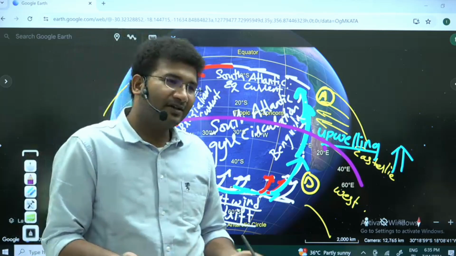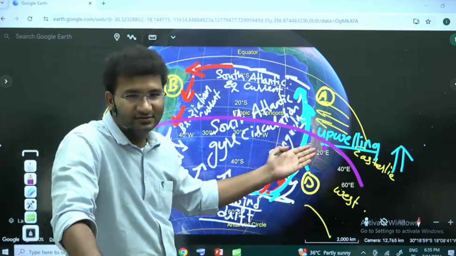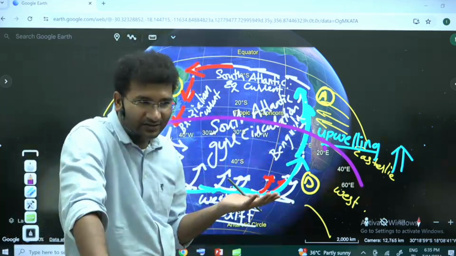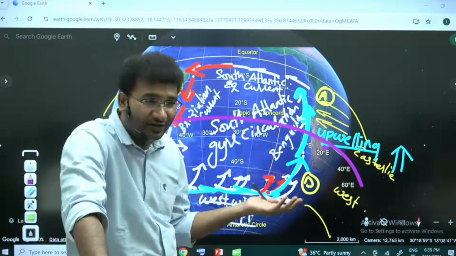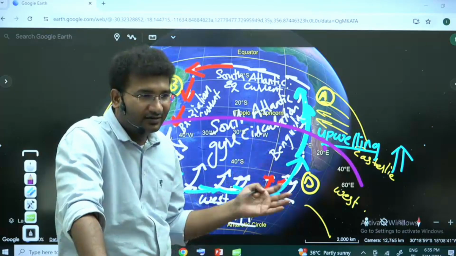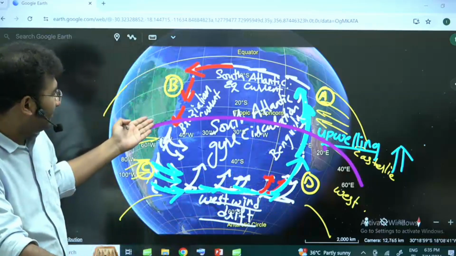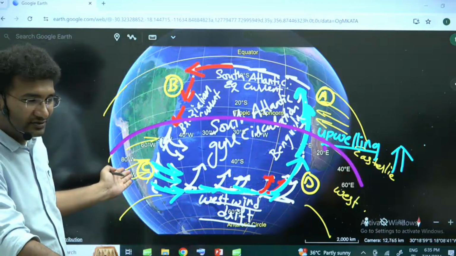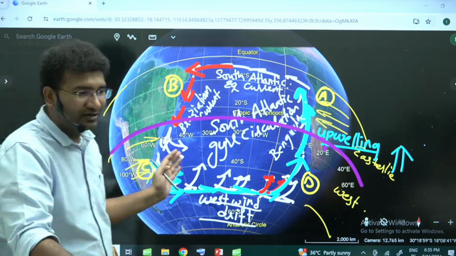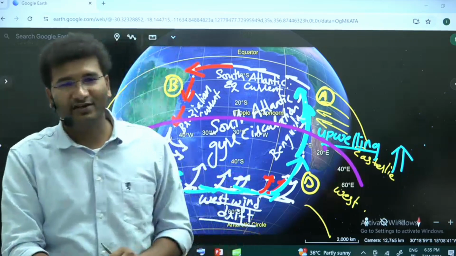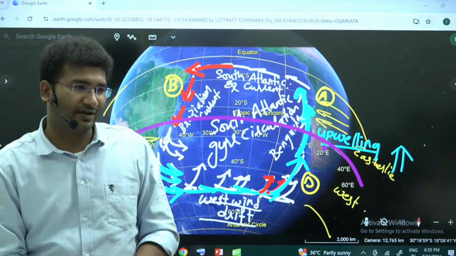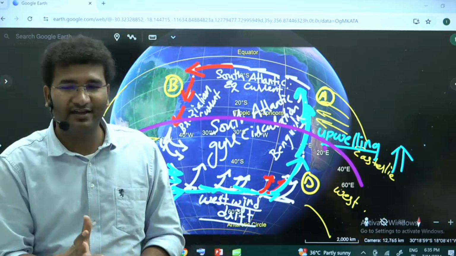When the water is cold, will there be evaporation? When the water is cold, there is no evaporation. When there is no evaporation, then there is no rainfall. Right? Again, on this side, also the same. Whenever you have cold water next to continents, the continents will be desert type in nature, or else it is a very dry area.